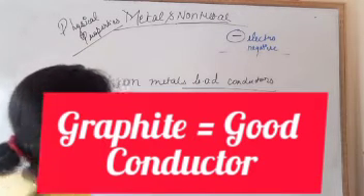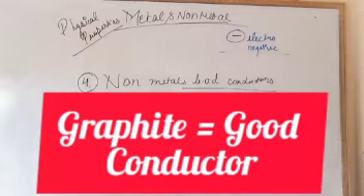Graphite is a good conductor of electricity because it has free electrons. The electrons are free in graphite, therefore it is a good conductor of electricity.